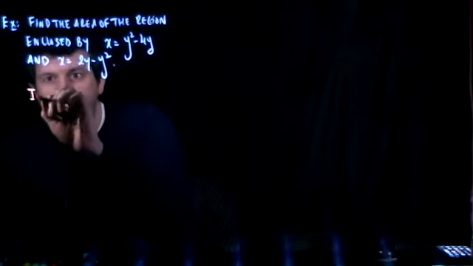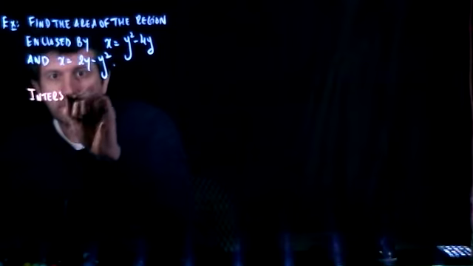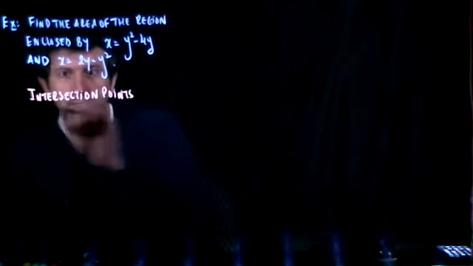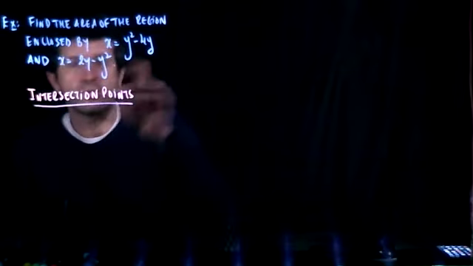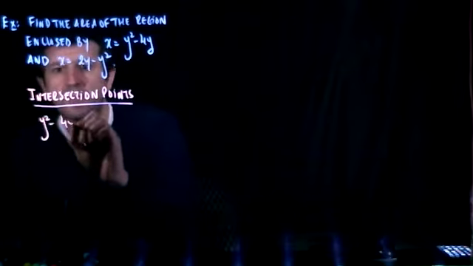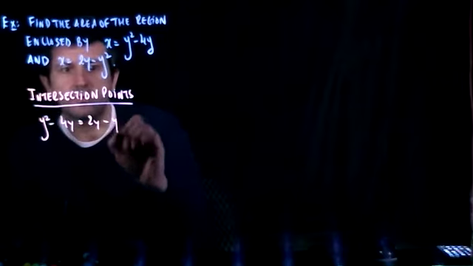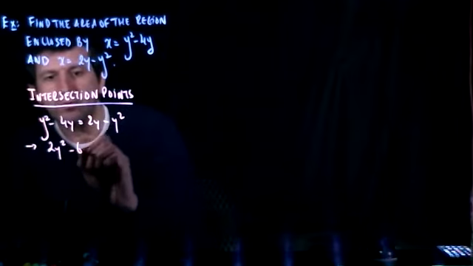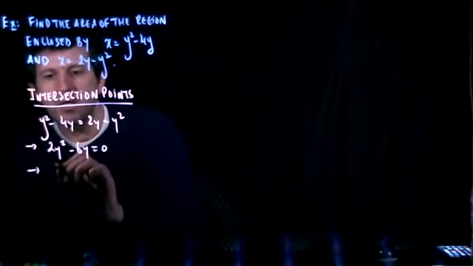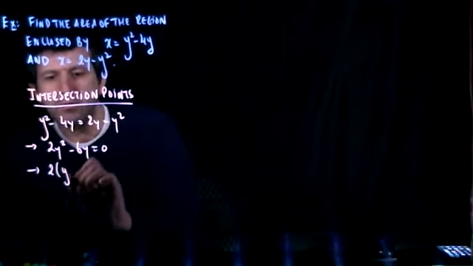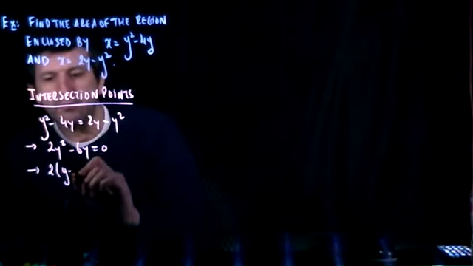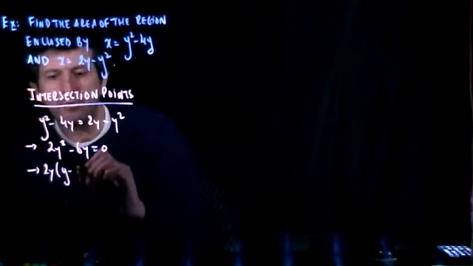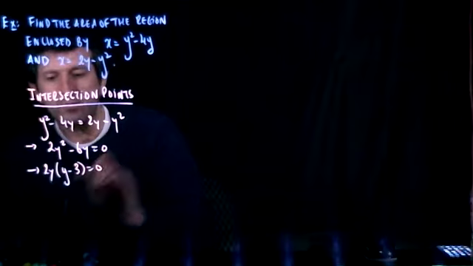So let's find the intersection points. Let's put them equal. y² minus 4y equals 2y minus y². Send everything to the left. 2y² minus 6y equals 0. So 2y times y minus 3 equals 0.